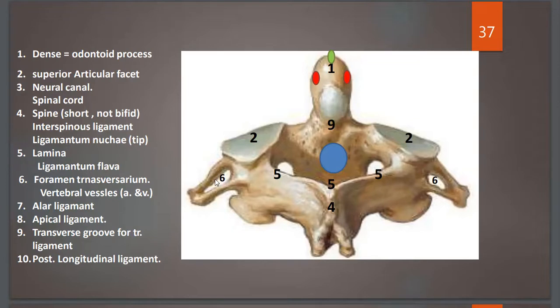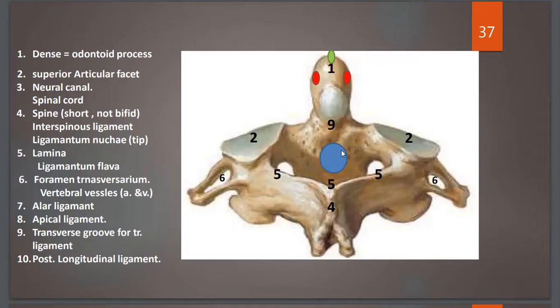And this number 6 is foramen transversarium, which gives passage to the vertebral artery and vein, vertebral vessels. So we also have the attachment 7. This area is for the alar ligament. Upper part gives attachment to the apical ligament. Posteriorly, number 9 is the transverse groove for the transverse ligament.